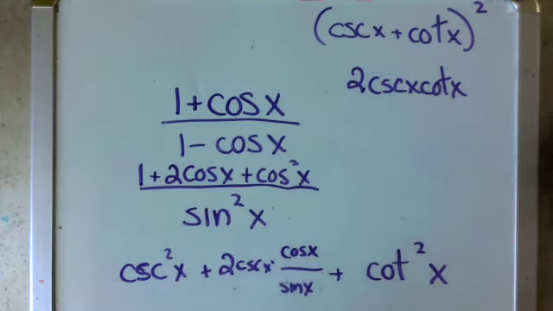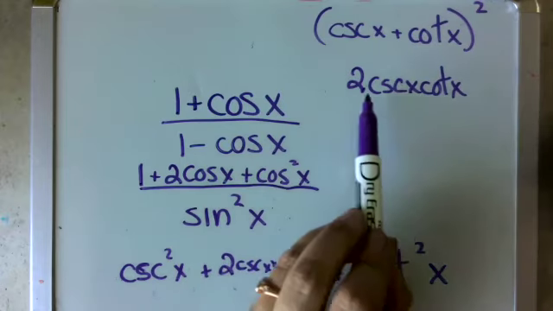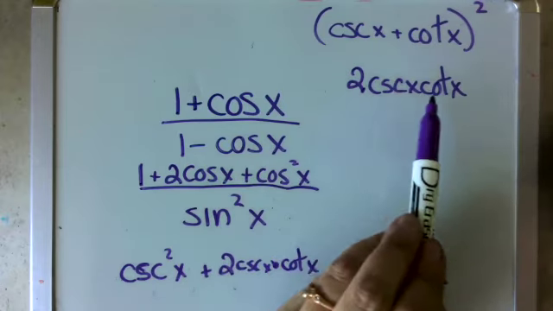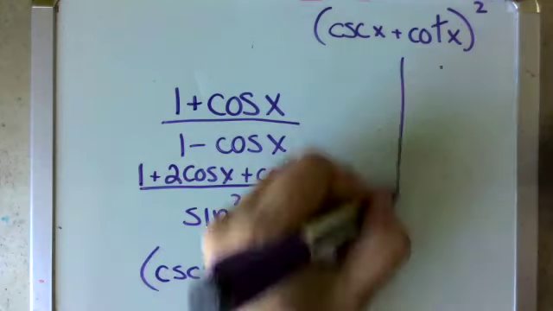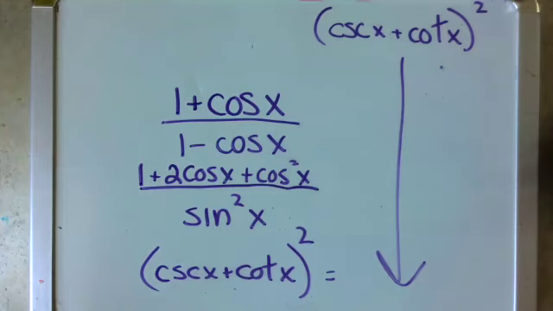And cos x over sine x can be rewritten as cotangent x. And there's my middle term, 2 cosecant x times cotangent x, which means this whole thing can now be rewritten as our proof.